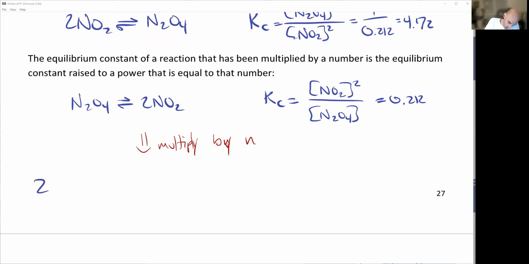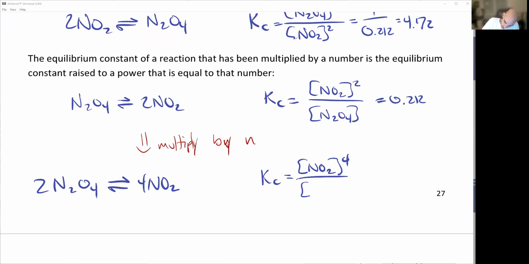If I multiply this whole thing by 2, what I end up with is 2N2O4 in equilibrium with 4NO2. My Kc is now equal to the concentration of NO2 raised to the 4th, all over the concentration of N2O4 raised to the 2nd.